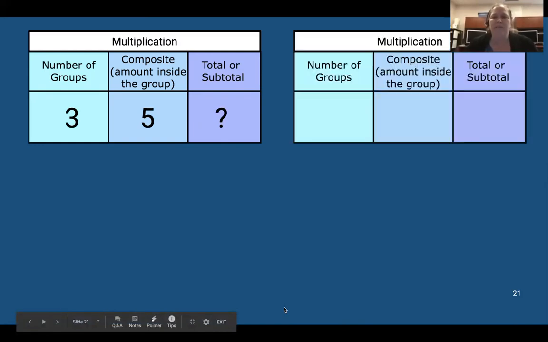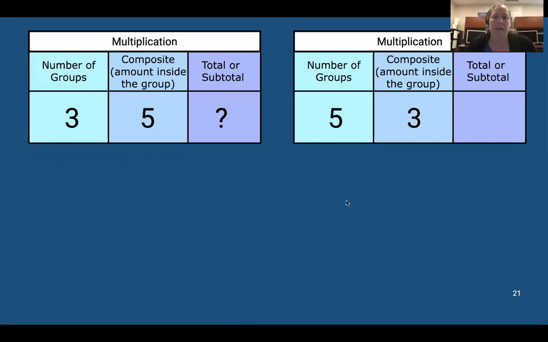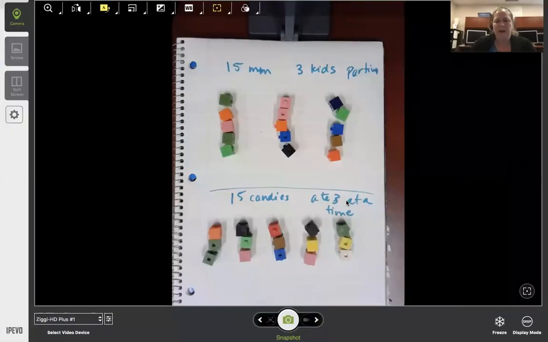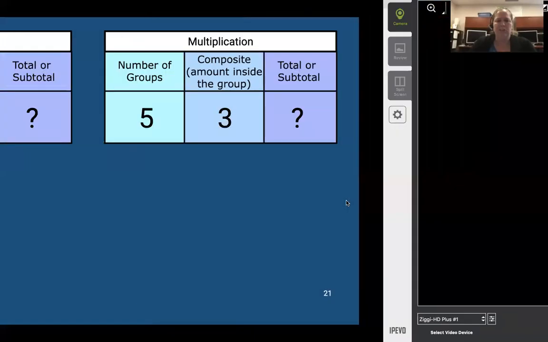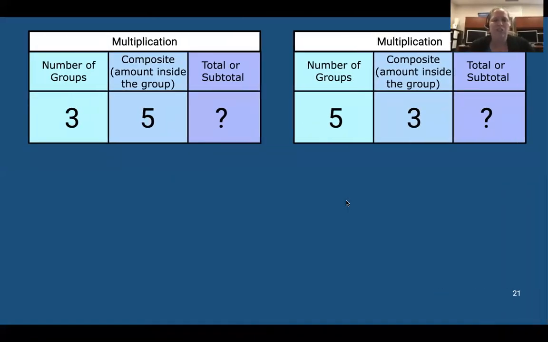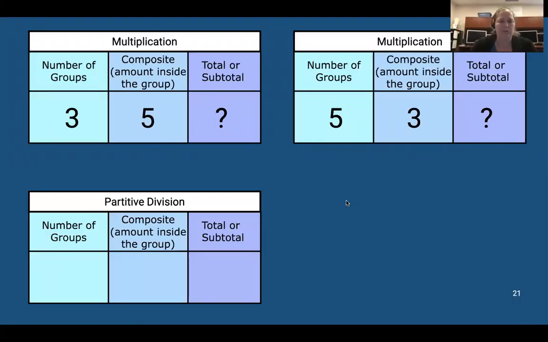Or we can have 5 groups and 3 in each group, and the total be unknown. We can ask both of these problems, and I find, when I work with teachers, we feel very comfortable flipping back and forth and saying, oh yeah, these are the same thing. These are going to give you the same amount. We maybe haven't totally considered the 2 different pictures over here. But we can certainly produce both those pictures and feel quite confident that those 2 amounts are going to be the same. But with division, we feel way less comfortable with switching things up.